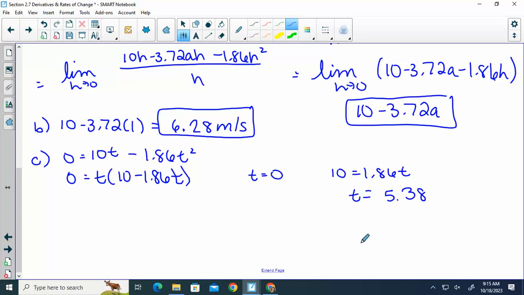What would t equals 0 represent? T equals 0 is our starting point. At time 0, it started on the ground, and then we threw it up. So when did it hit the ground again? 5.38 seconds.